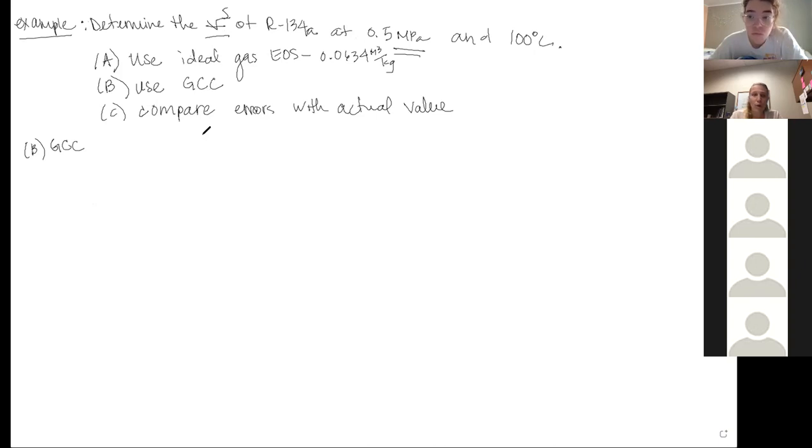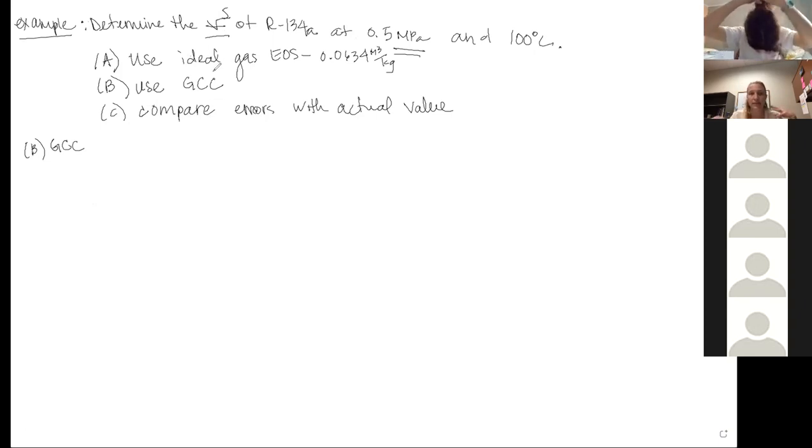One thing that we already know: when we have the ideal gas equation of state, the compressibility factor Z we can use as just a correction factor. So if we can find Z, we can use it to correct for part A.